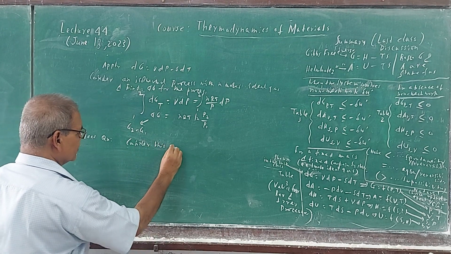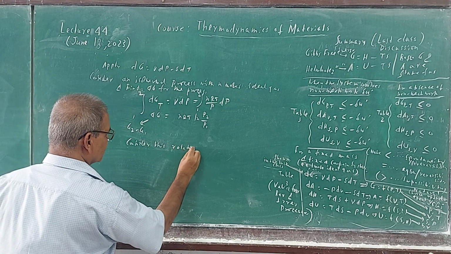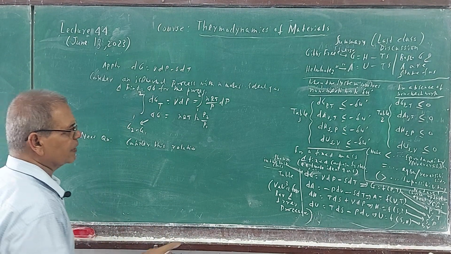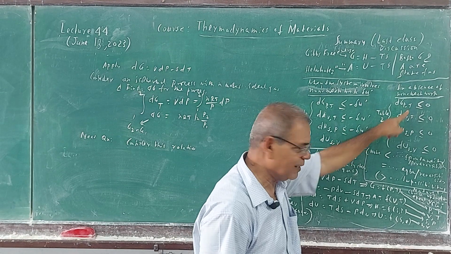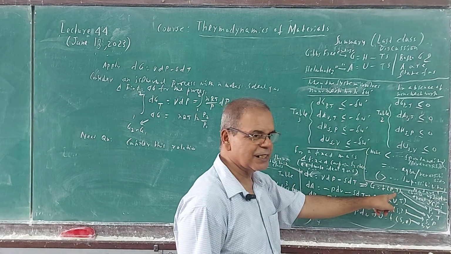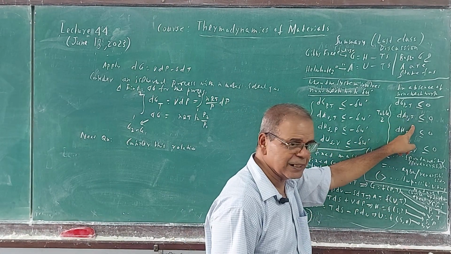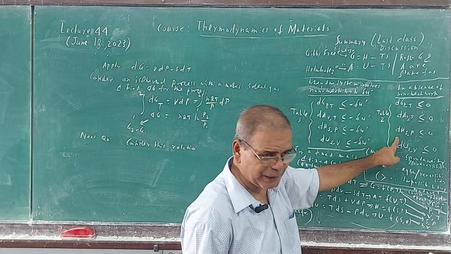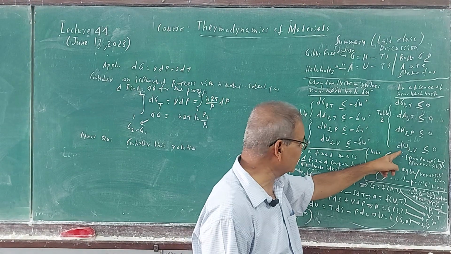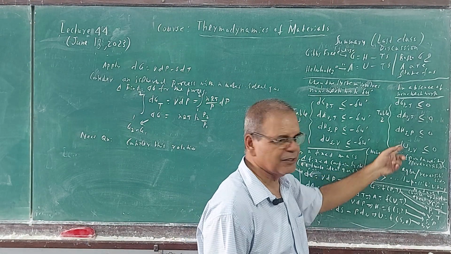Consider this relation. I have noted one interesting thing. See, dG with PT, dA with VT. These two I proved. This I asked you to prove in the assignment problem, and this is likewise the same.